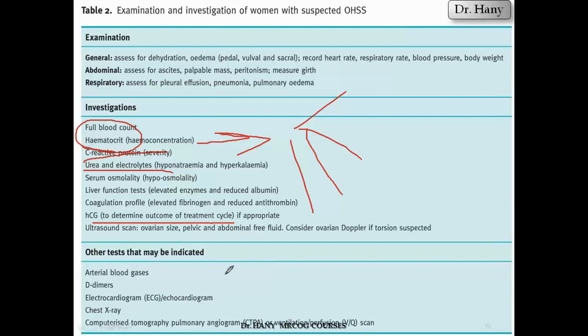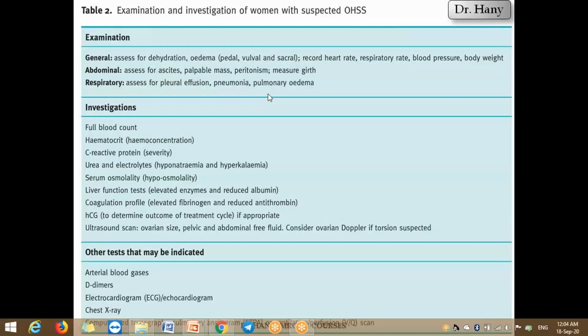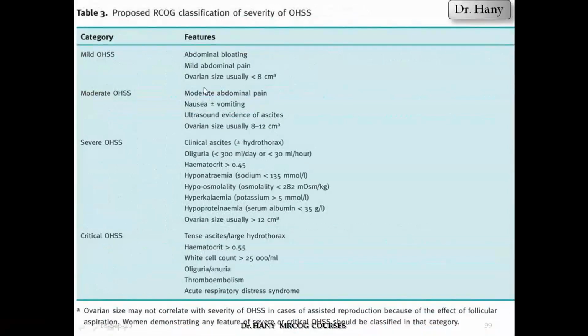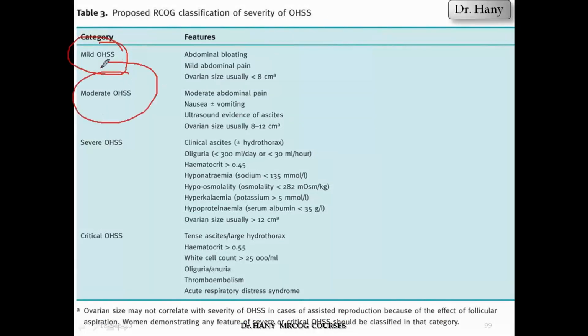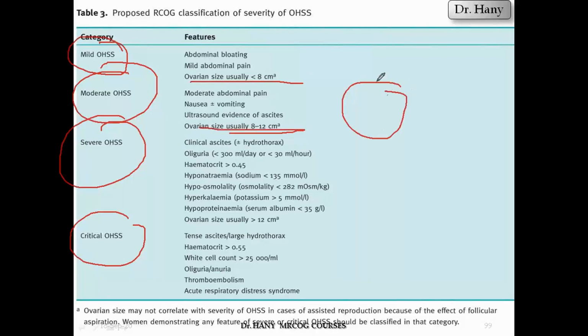What else do you need? You remember the classification, the category: mild, moderate, severe, critical. Mild is just bloating, abdominal pain, and the ovary less than 8. Moderate is between 8 to 12 centimeter, the ovarian volume, not a cyst, the ovarian size, in centimeter cubic.